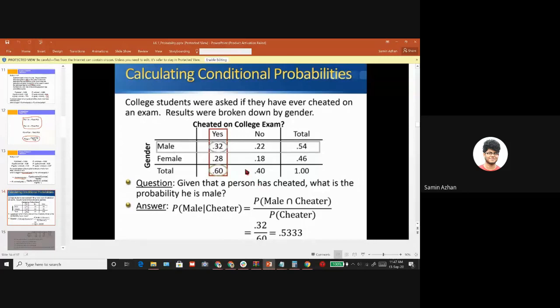To figure out the probability of cheater, you simply have to add these values up. So cheater equals yes for male and female, you get 0.60. So if you divide 0.32 by 0.60, you get your answer.